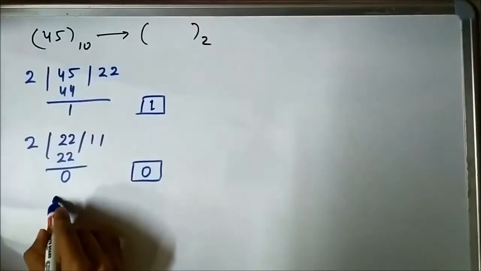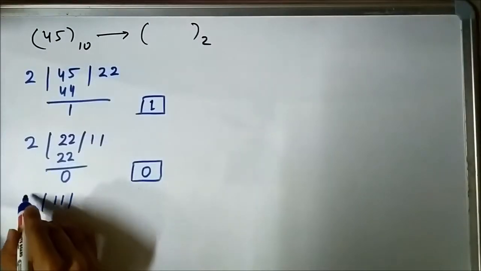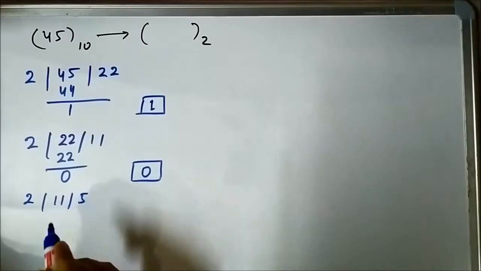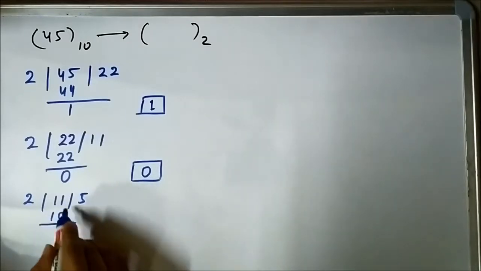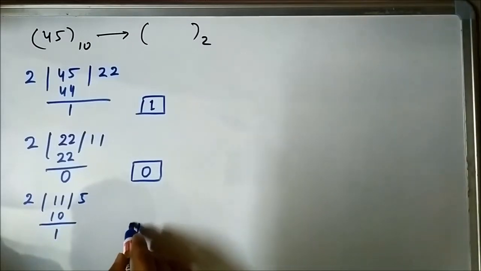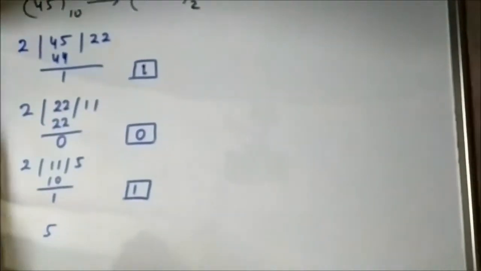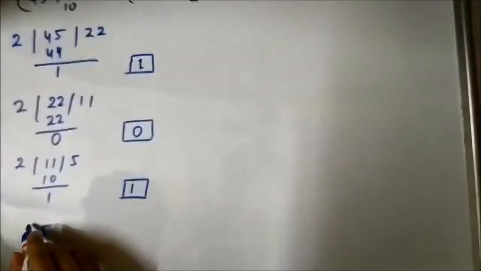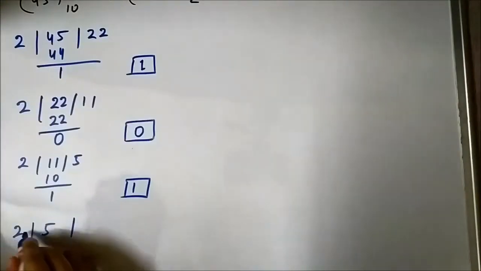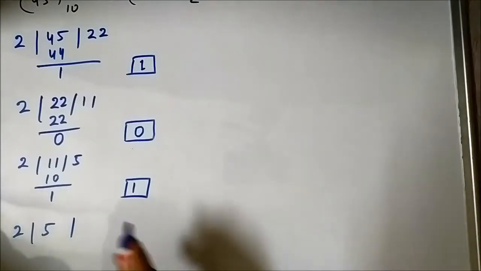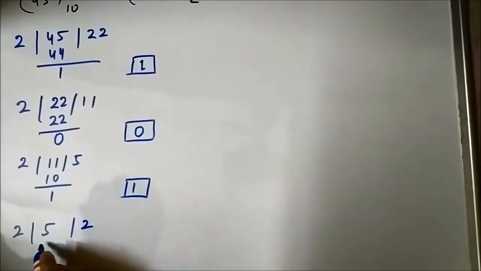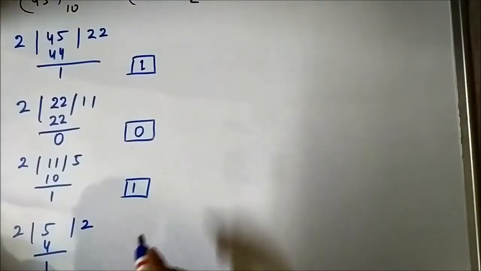Again this 11, it goes down, again it is divided by 2, the quotient is 5, the result is 10, the remainder is 1. Again this 5, it goes down, we divide it by 2, this is 2, this is 4, the remainder is 1.